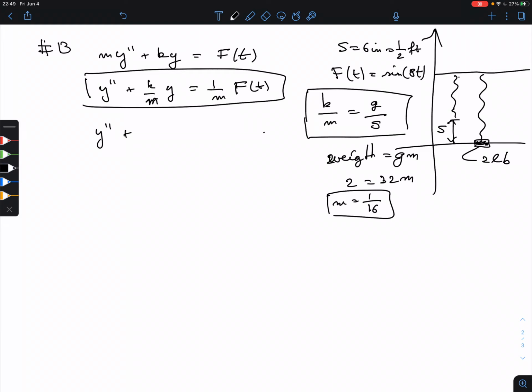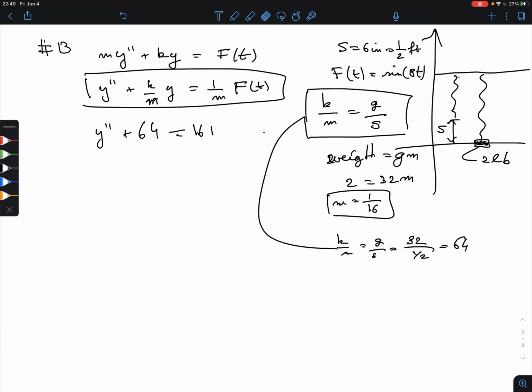So we know that k over m is g over s. That is 32 divided by 1/2. That is 64. Don't forget that there's a 1 over m here, which is the reciprocal of this, which is actually 16. So this is 16 f, and f was sine 8t.